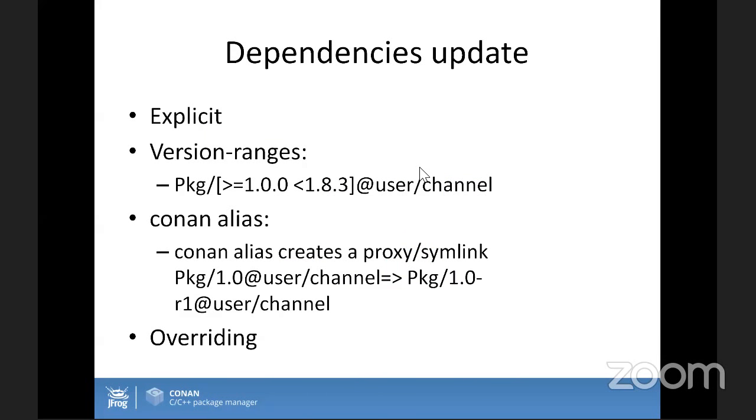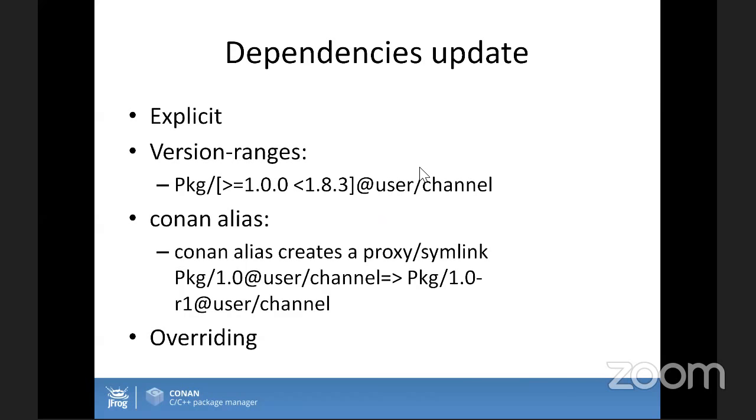So there are different strategies for this. One would be the explicit one, just hard coding the changes. It is very effective. It can be a bit slow, but it is very safe and explicit, and is something that many people are doing successfully. You can use version ranges. You can use expressions. That would be updating on the user side, so it will be the consumer who is specifying which updates it allows. Okay, but this can sometimes be problematic.